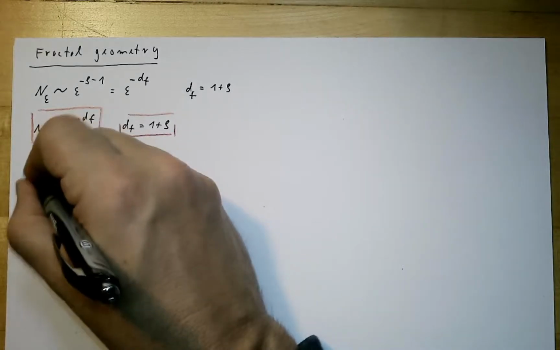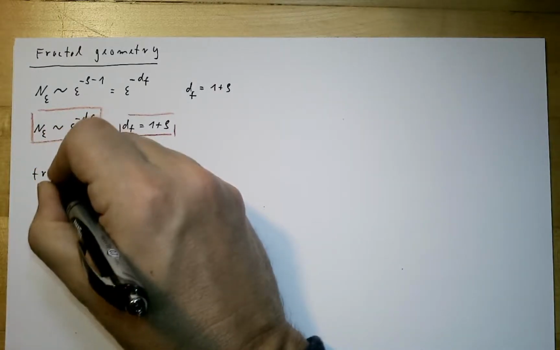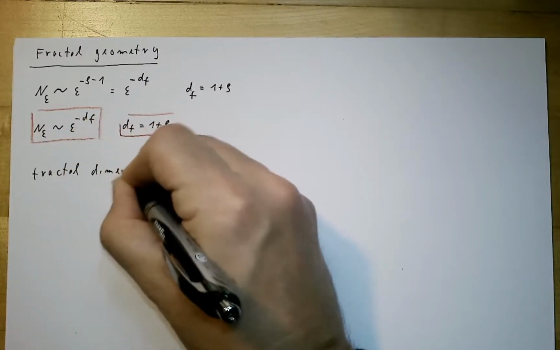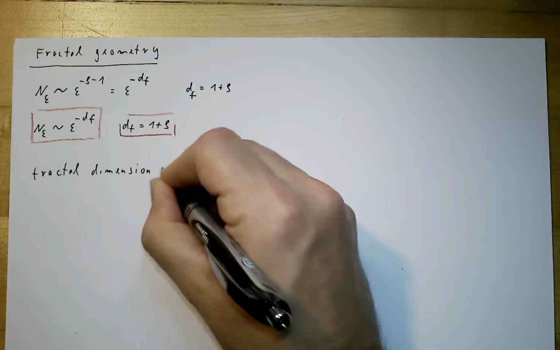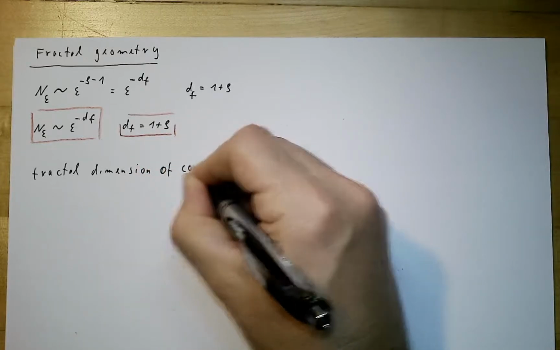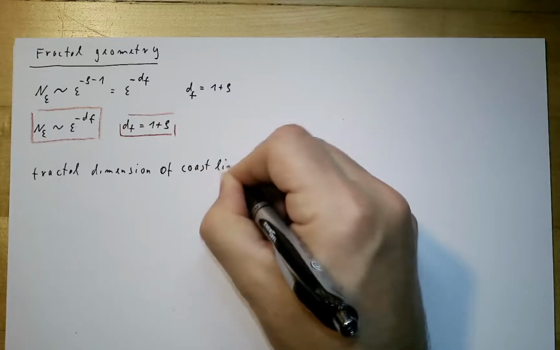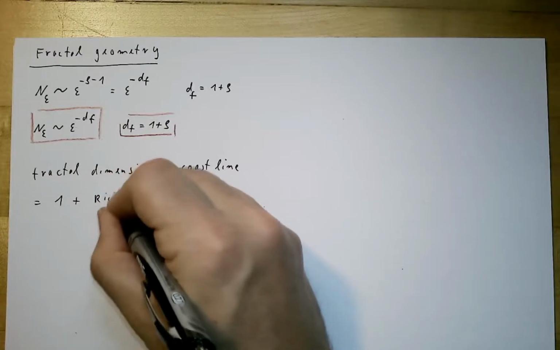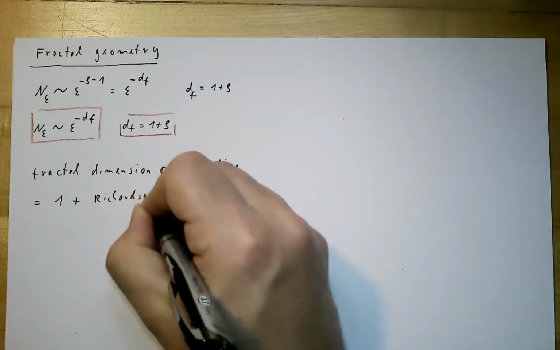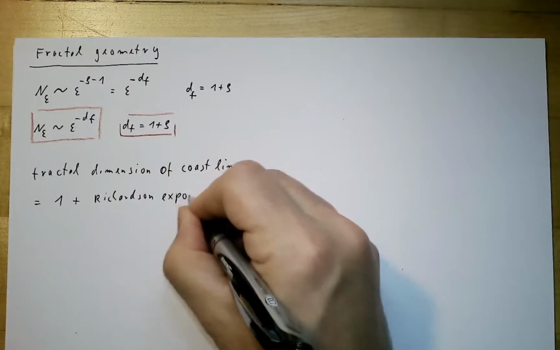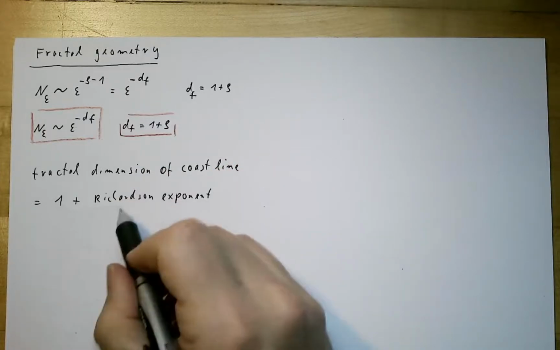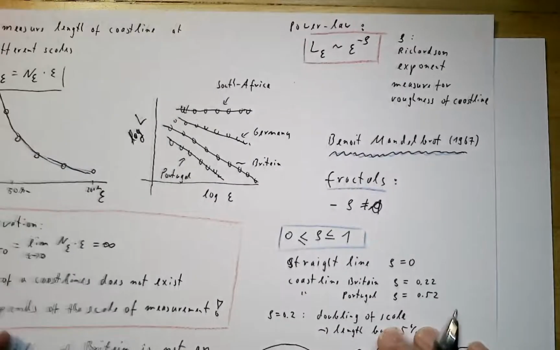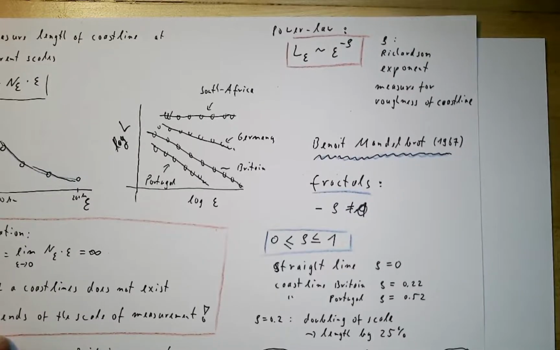So the fractal dimension of a coastline equals 1 plus the Richardson exponent, or 1 plus roughness.